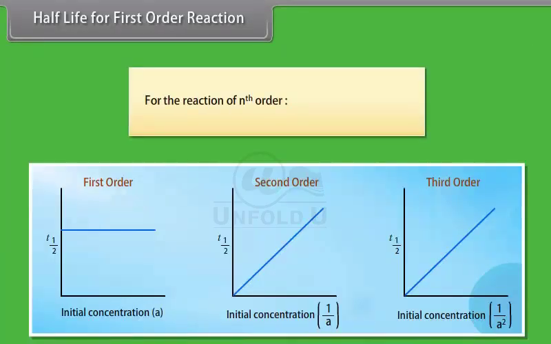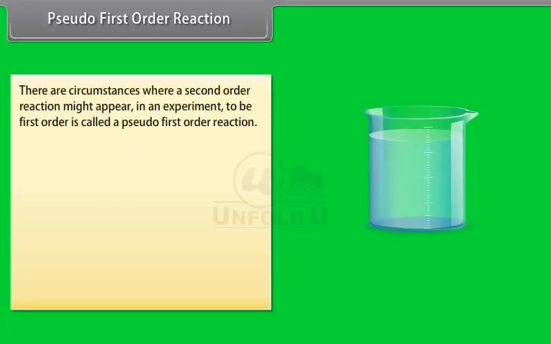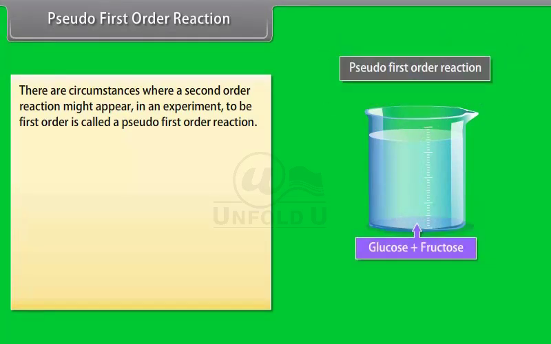For the reaction of nth order, t half is inversely proportional to A naught raised to the power n minus 1. Pseudo first-order reaction. There are circumstances where a second-order reaction might appear in an experiment to be first order. It is called a pseudo first order reaction.